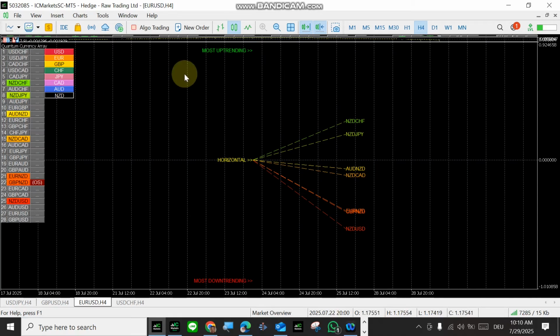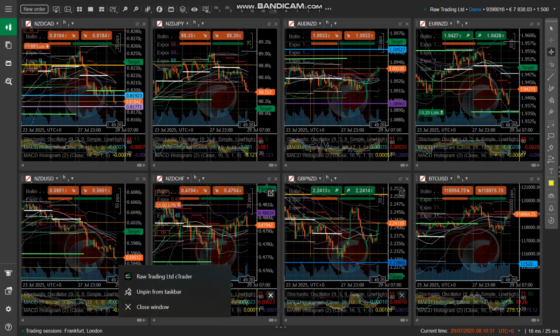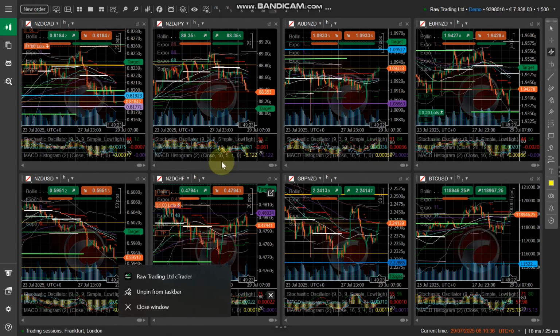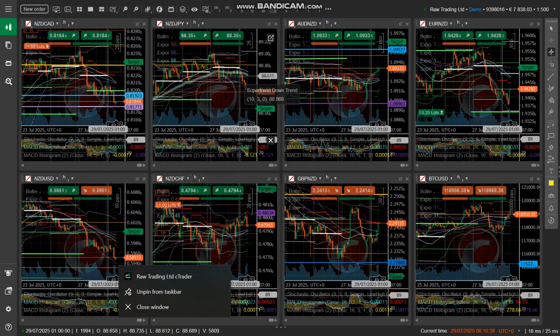Why is that New Zealand? Okay, it's coming back. Okay, on the 4 hours, New Zealand Swiss franc and New Zealand JPY are looking correlated. They're going up the same way like we saw before. Where is, okay, there it is, New Zealand JPY.